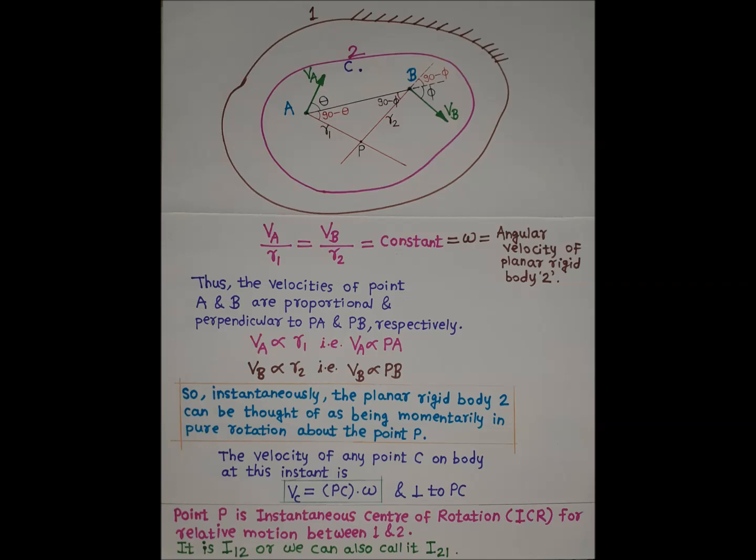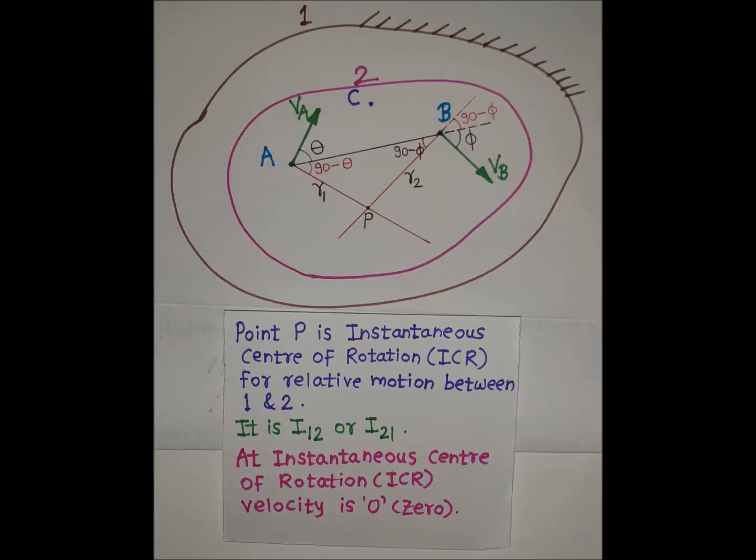Both notations are correct, I12 and I21, but we will prefer I12. Don't read it as I twelve or I twenty-one, because it will not have any meaning. So we will prefer notation I12. Point P is ICR for relative motion between body 1 and 2.